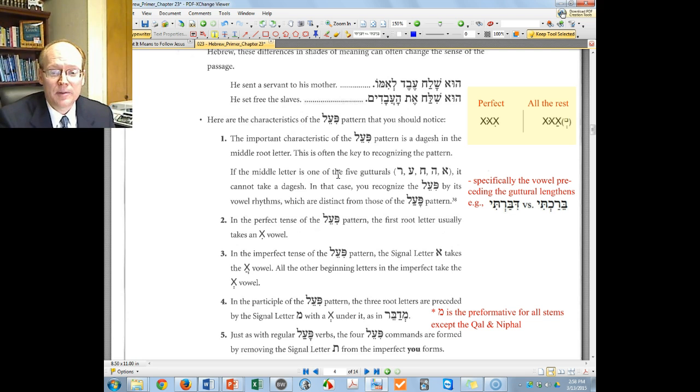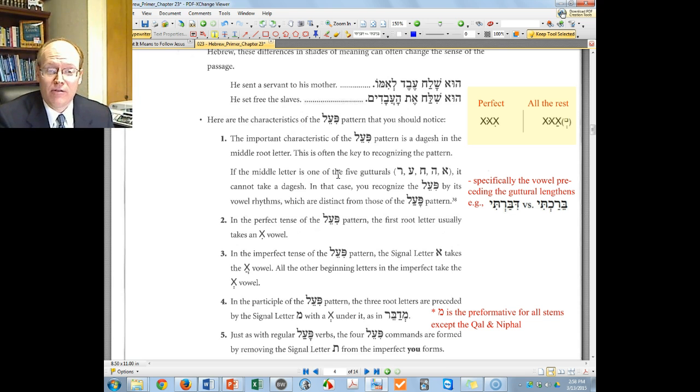Dibarti, I spoke. The bet, the second radical, has the dagesh forte as expected. With the verb barak, the second radical is a resh. Resh is a guttural and rejects the dagesh. So it causes the hireq to lengthen to a tsere.